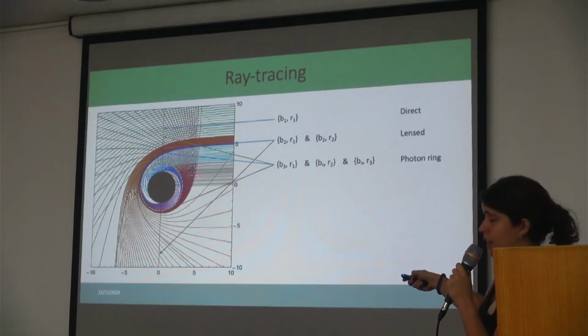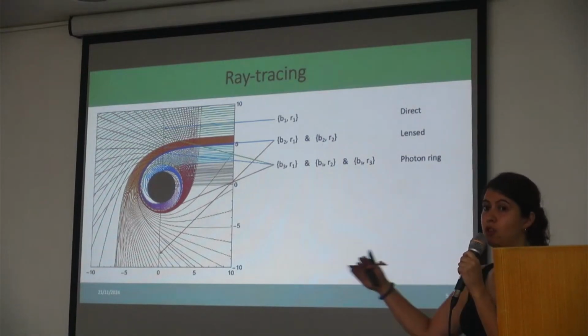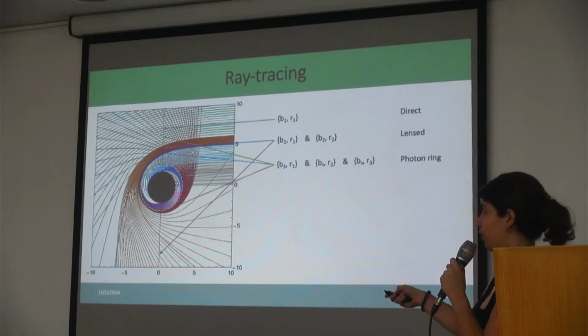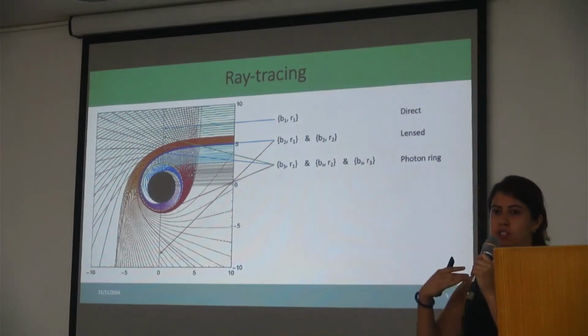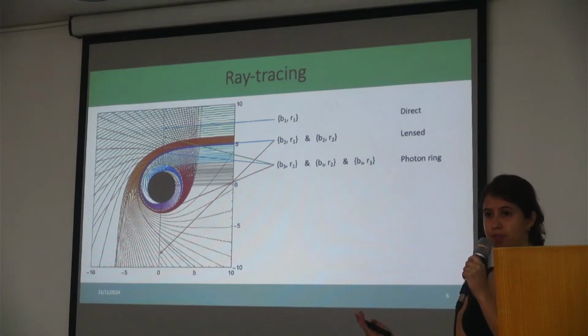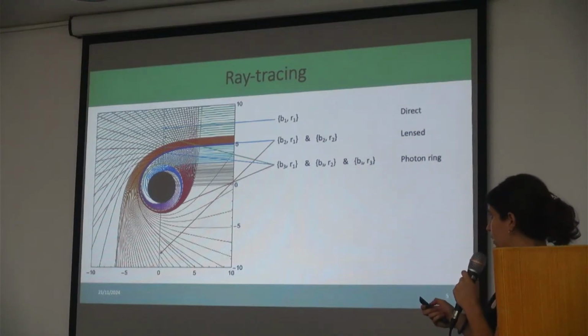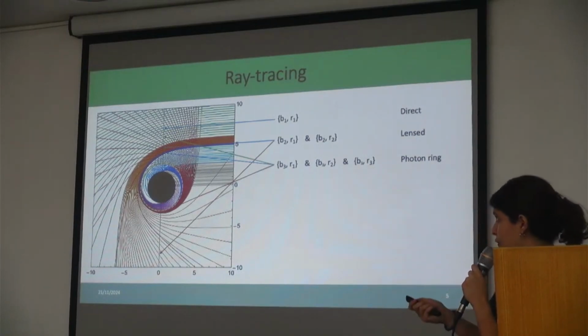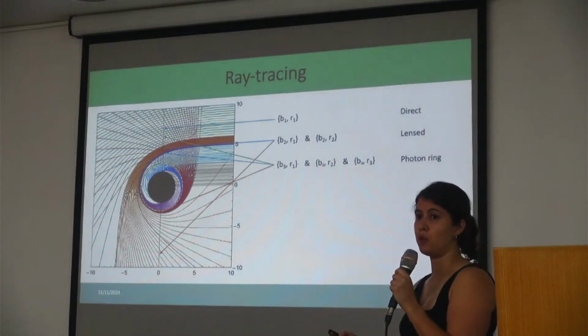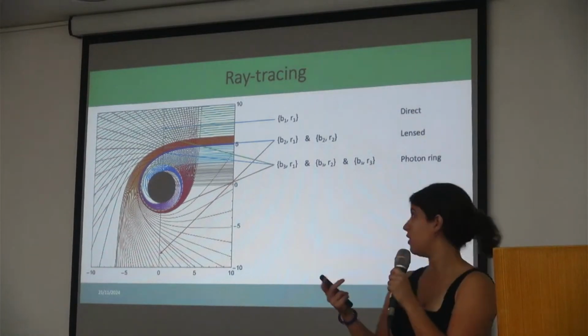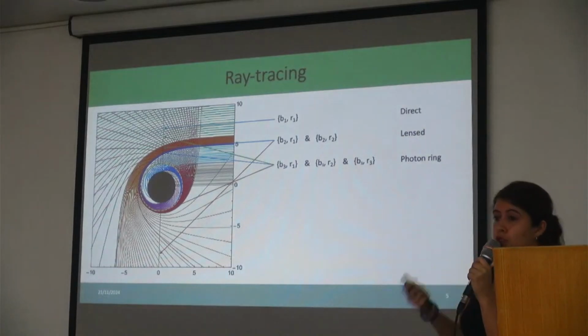And then we have black light rays, which are the ones that go directly to the horizon, so we would not expect to receive light coming from there. Usually, for geometries similar to Schwarzschild, we only have three types of emission: the direct, the lensing, and the photon ring.